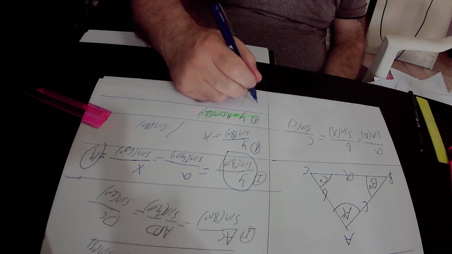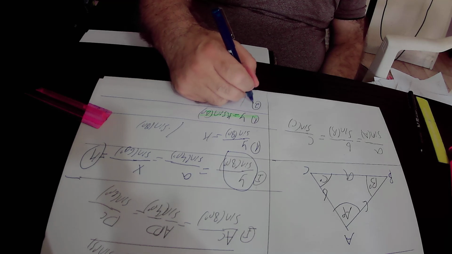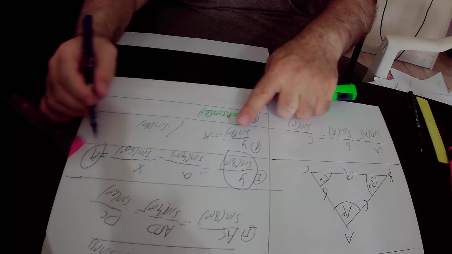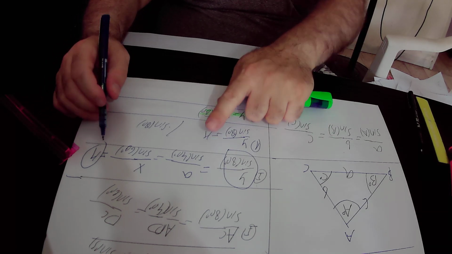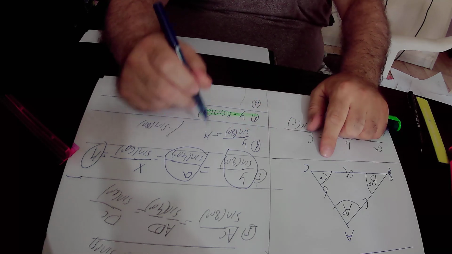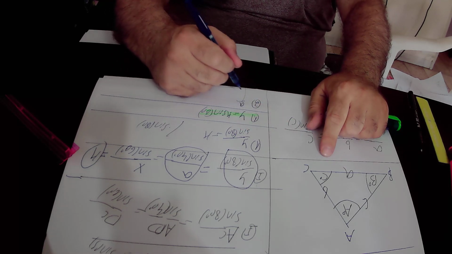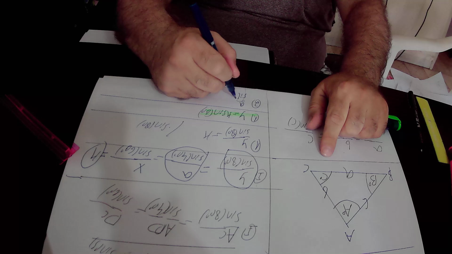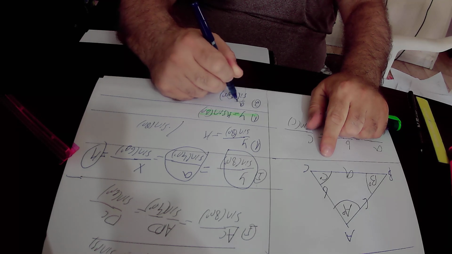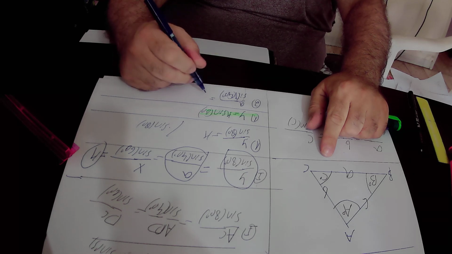In the next step, we create the second equation from this long equation. Those two expressions are also equal to each other. That is to say, a over sine 40 degrees is equal to k.